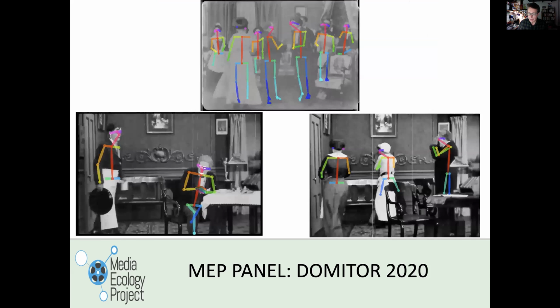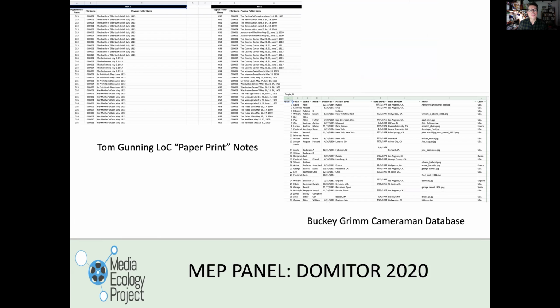And also playing with some other new tools that are far from perfect at this point, but can help to analyze screen movement in detailed ways. The early cinema compendium that we're building will join together a lot of different kinds of information, a great many films from the Library of Congress.